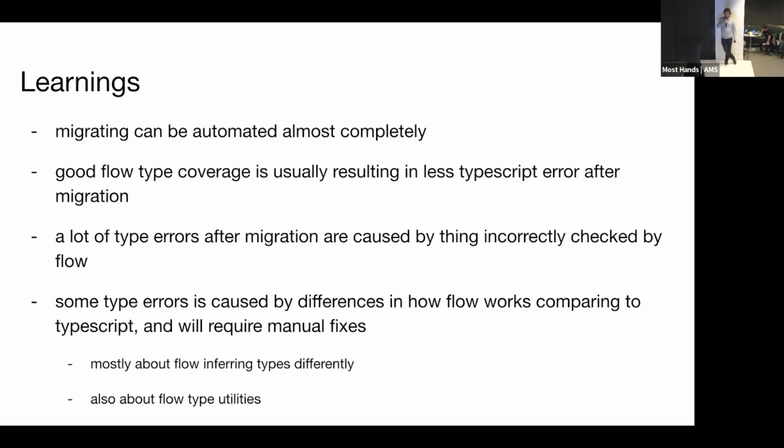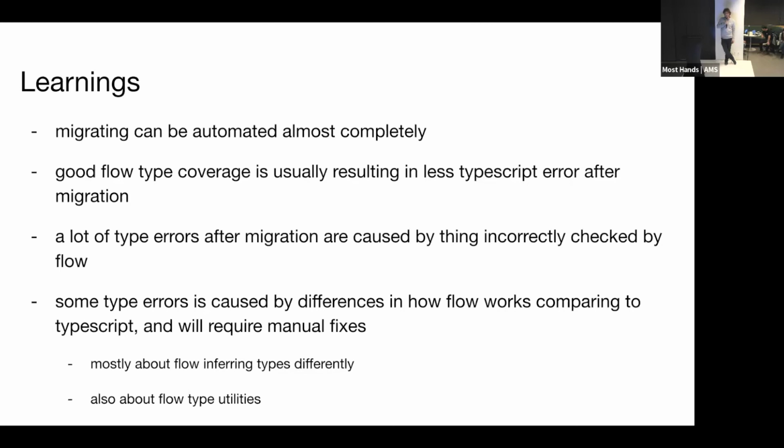Also, an interesting thing was that there are quite a lot of bugs in Flow which are not quite obvious, and a lot of errors after migration were caught by TypeScript that were supposed to be caught by Flow as well, but were not.